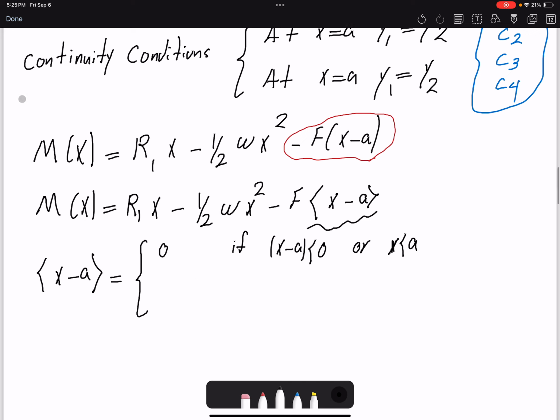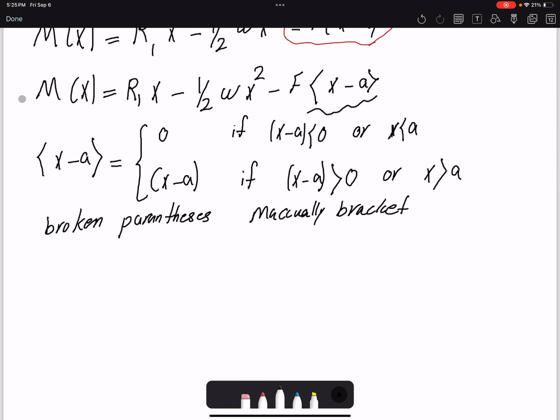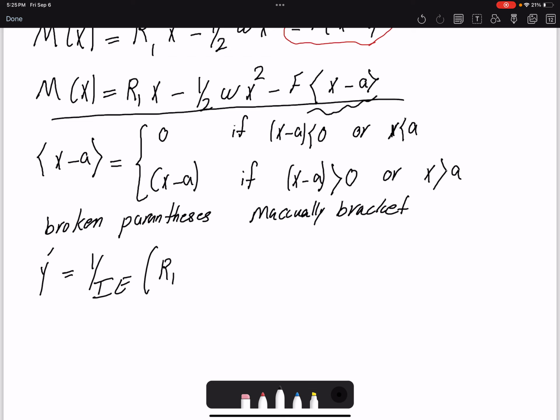So when we are now taking a slope equation, we don't have y1 or y2, we just call it y prime and take an integral of our equation: R1x squared over 2, minus wx cubed over 6, minus F times x minus a squared over 2.